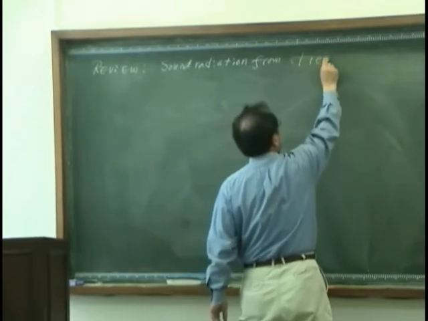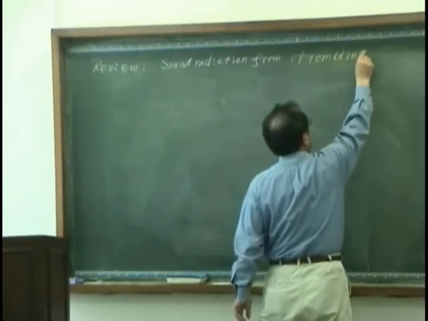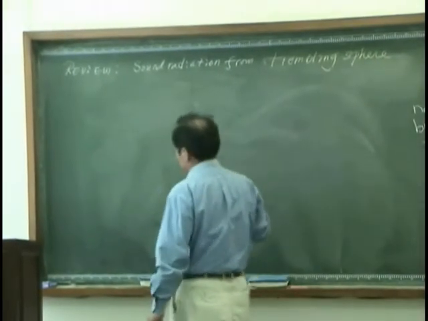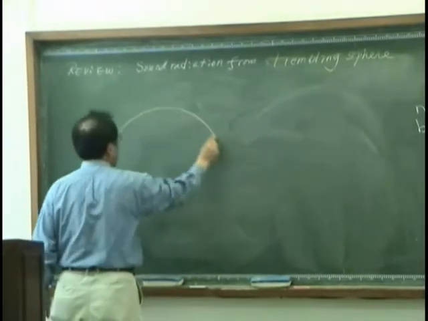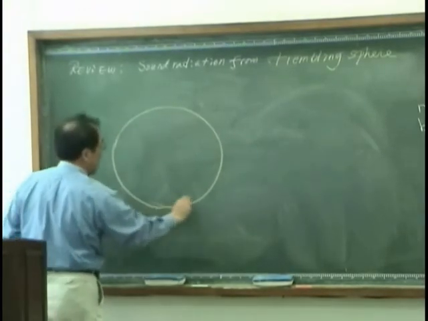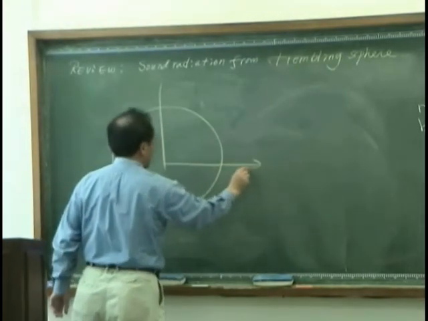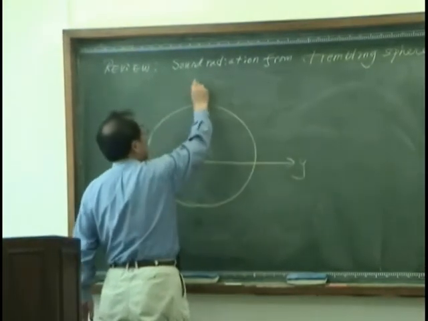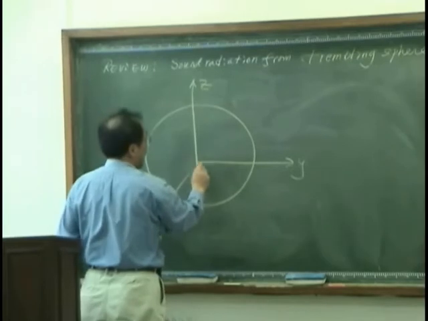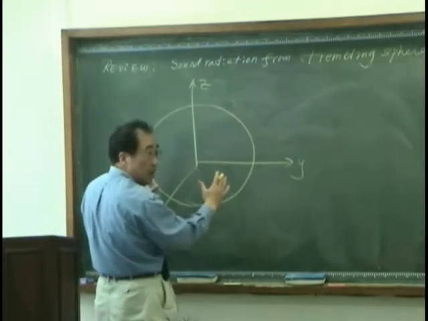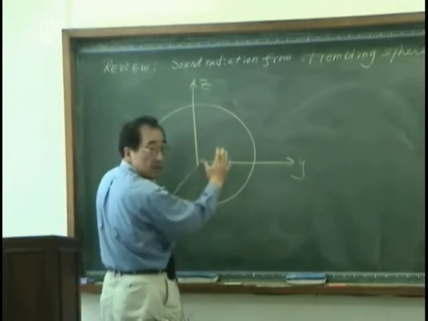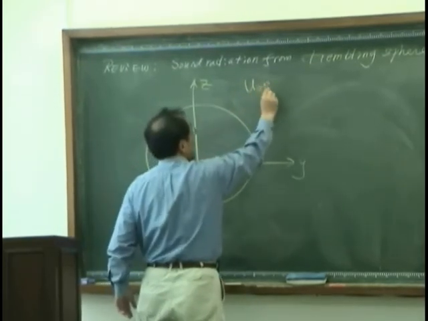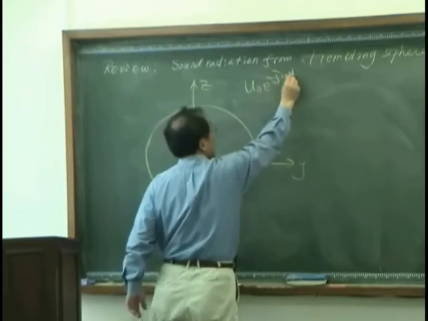A trembling sphere is a sphere that is trembling in the z direction with u0 exponential minus j omega t.